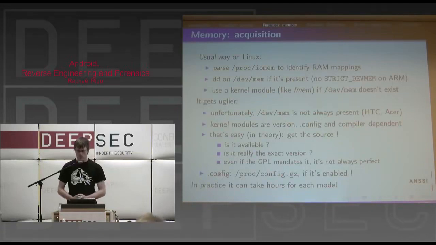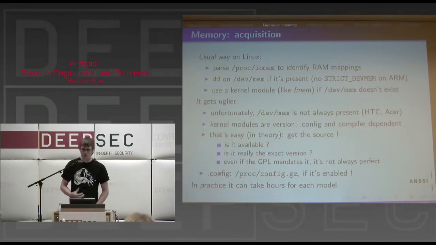And if /dev/mem does not exist, you just load your own module that will recreate it. Unfortunately, /dev/mem is not always present, so you have to find a way to load your kernel module. And kernel modules are really version, .config and compiler dependent, mostly because of structures, attributes and offsets.